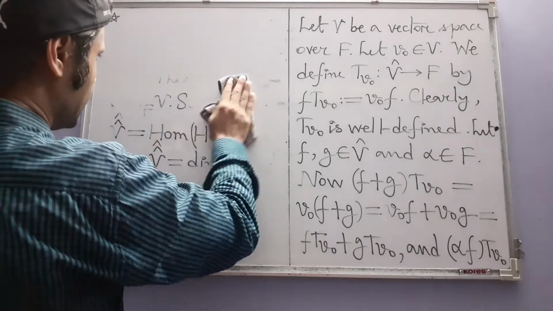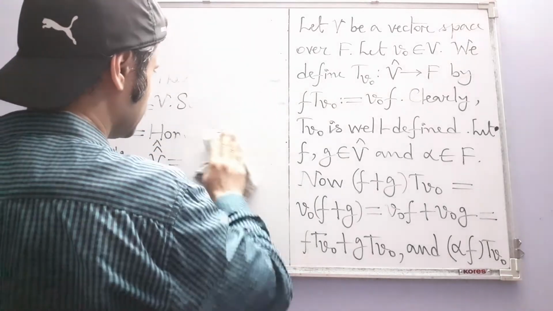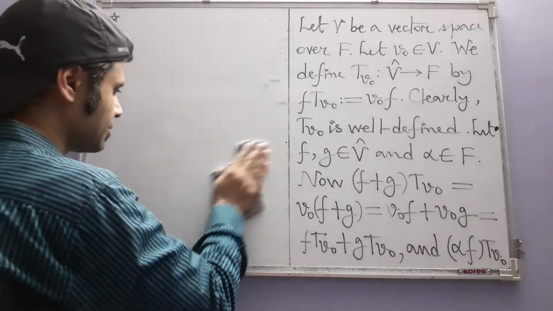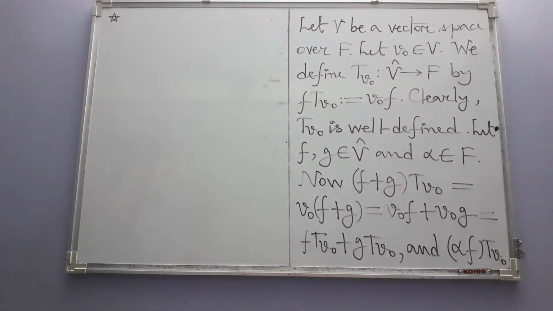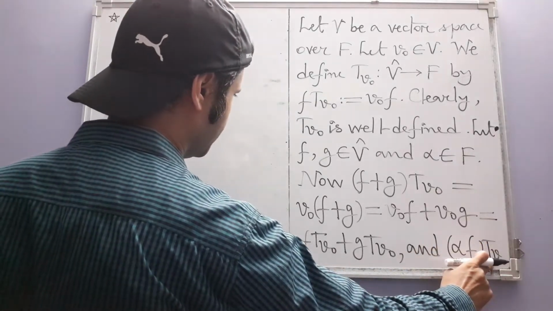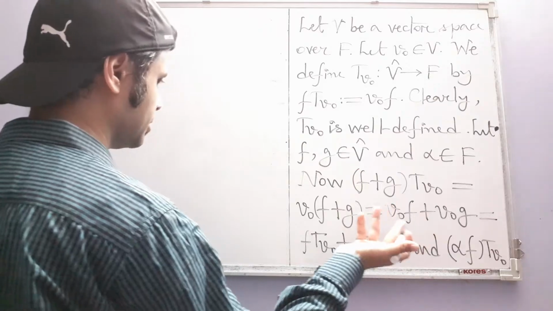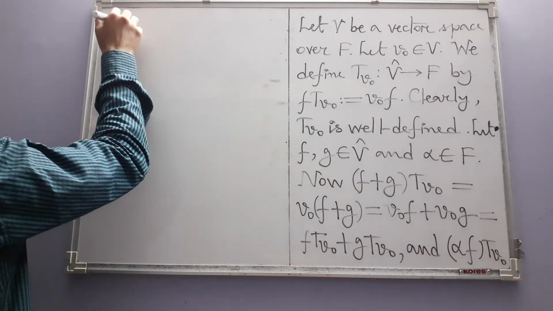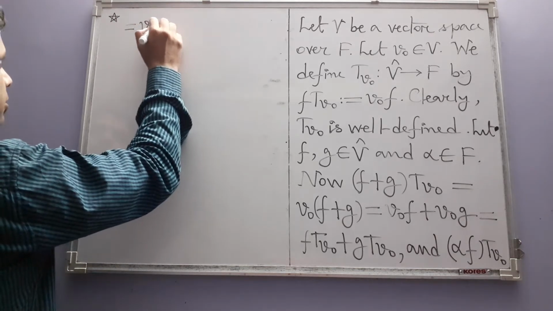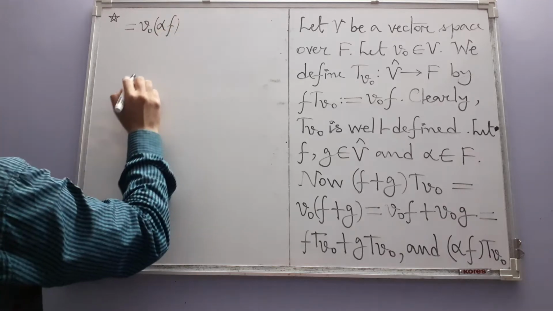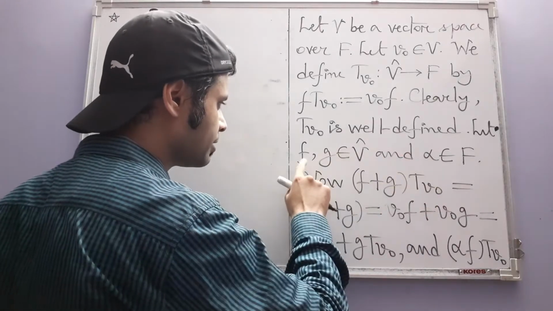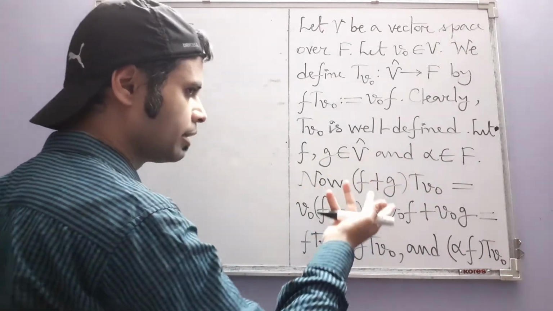Because this kind of calculations are extremely abstract, you have to be extra careful at each step. What you are doing, you should have absolutely clear idea about that. So first of all, we are going to apply t v naught. So we will use the definition of t v naught, because that's what we can do at this stage. That means it is the image of v naught under alpha f. But what is alpha f? Alpha is a scalar and f is a linear functional. After all, a homomorphism.